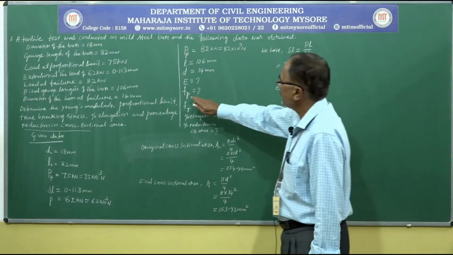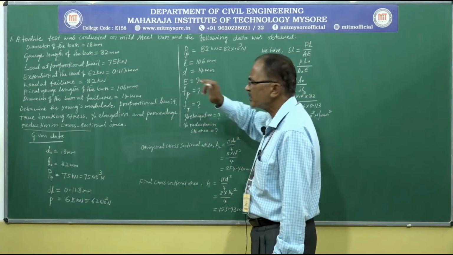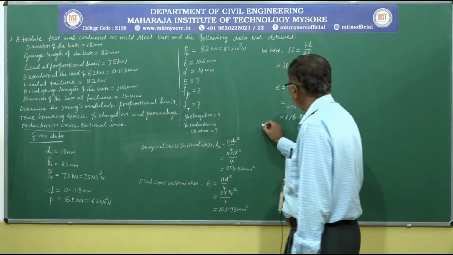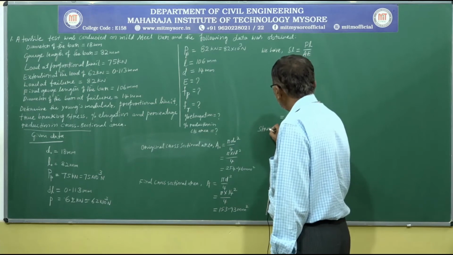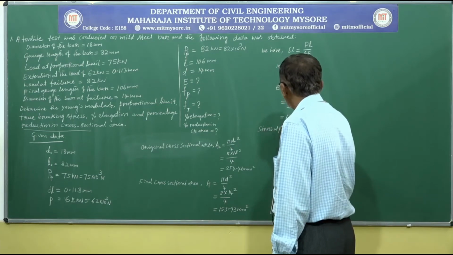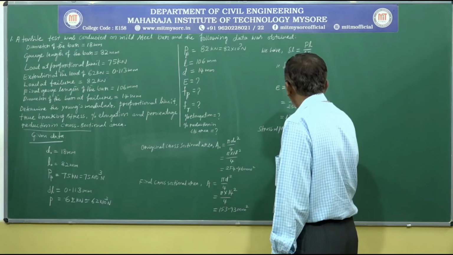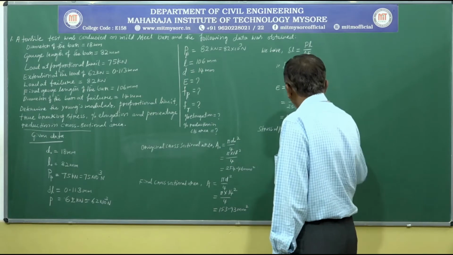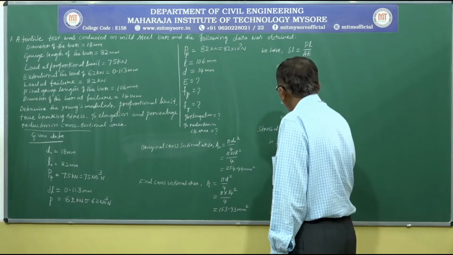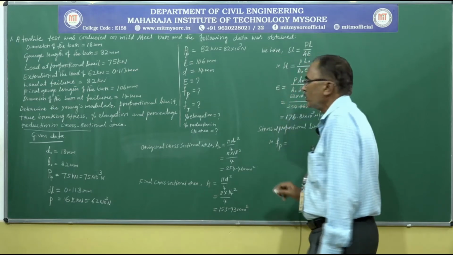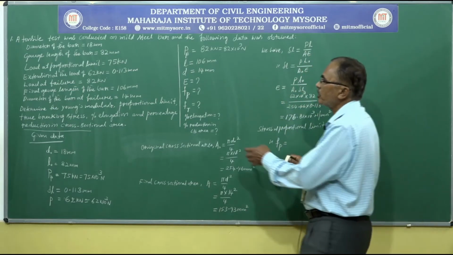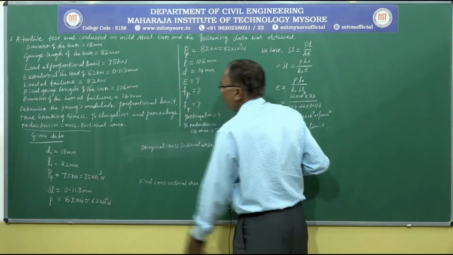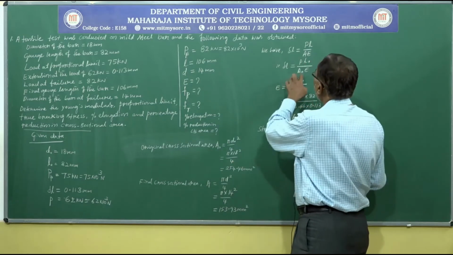Next, calculate the proportional limit. Proportional limit is nothing but the stress at proportional limit. That is Fp is equal to Pp divided by A0. The load at proportional limit is 75 kilonewton, and the original cross sectional area is A0.